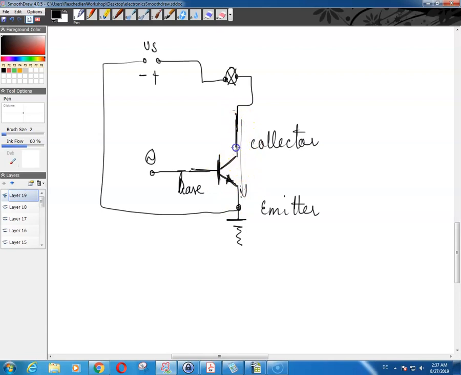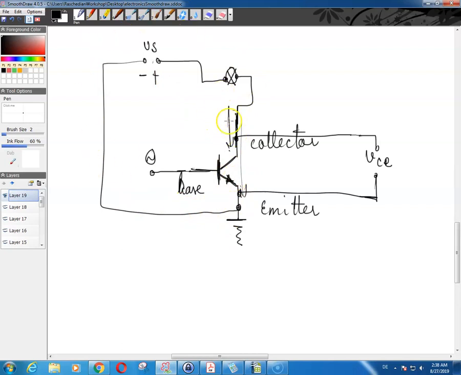Now of course in this circuit there is some voltage over here on the collector emitter junction of this transistor, which you can call V of CE, for example. This voltage is there, and depending on how much current this lamp is drawing from the power supply, the same current is going through this emitter junction to the ground and going to the power supply, back and forth.